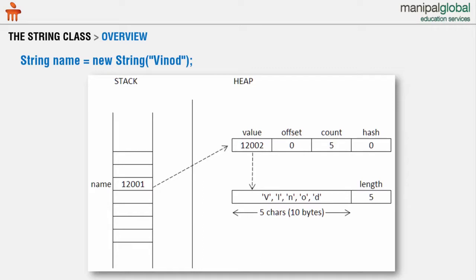Since arrays are objects, value is a reference that refers to another object, and that object is an array consisting of the actual characters VINOD, and then there is a public final field called length that represents 5. You may observe that count and length both have 5.